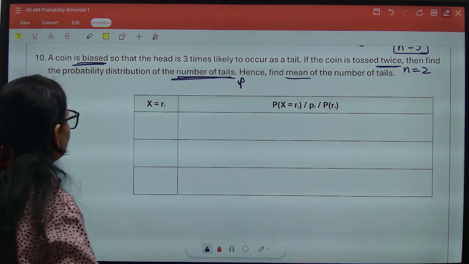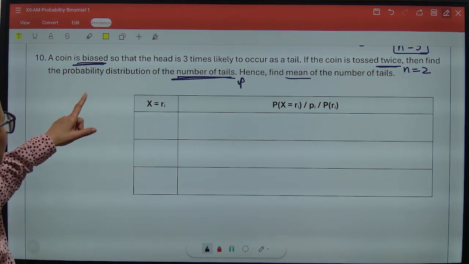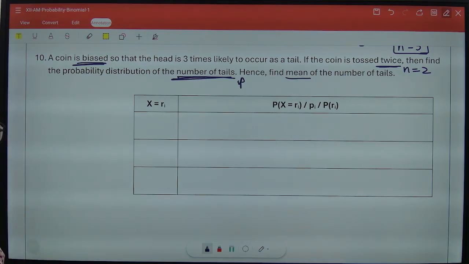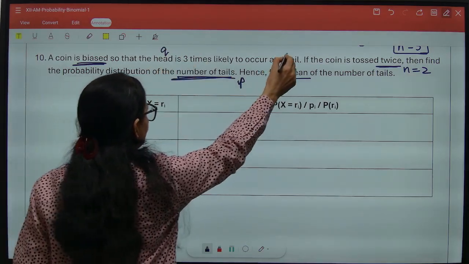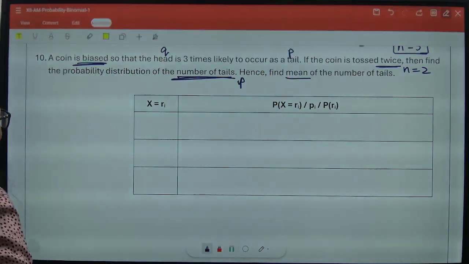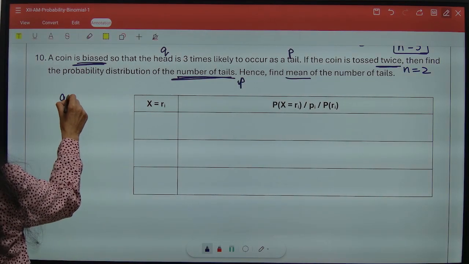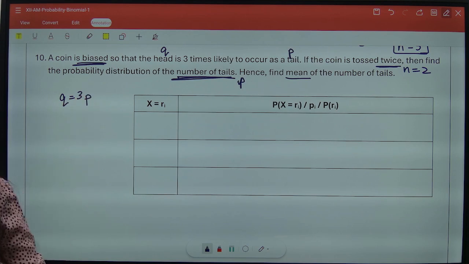Now we understand that the first statement says the head is 3 times as likely to occur as a tail. So the probability of head is q, the probability of tail is p. This means head is 3 times as likely as tail. That means q is equal to 3p. And we also know that p plus q is always 1.